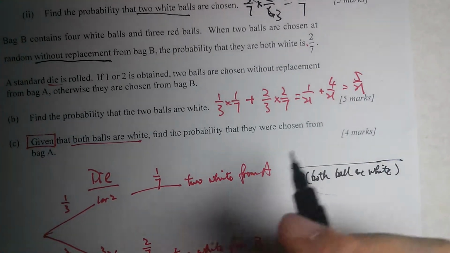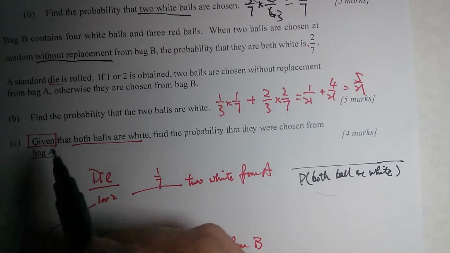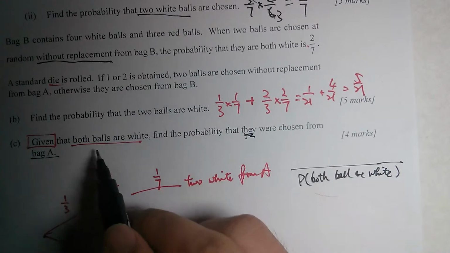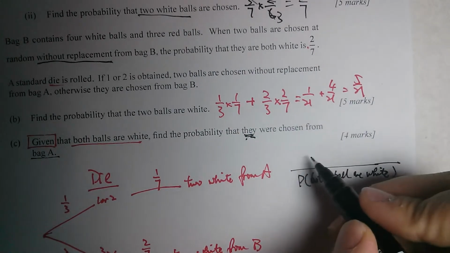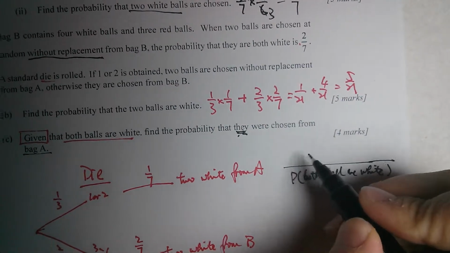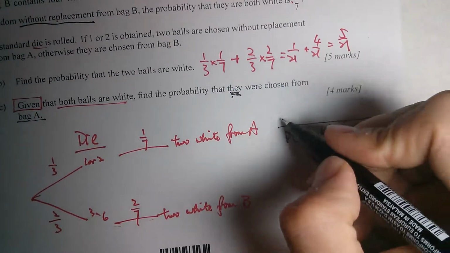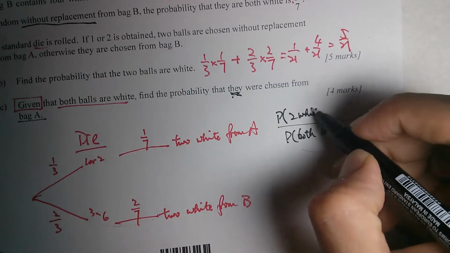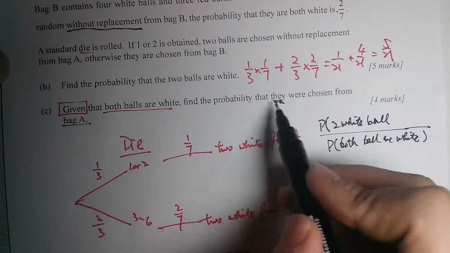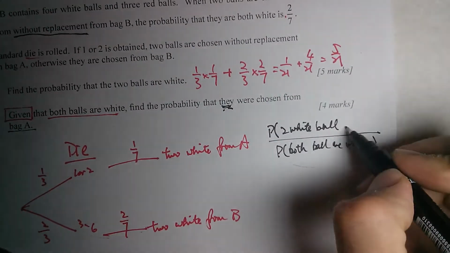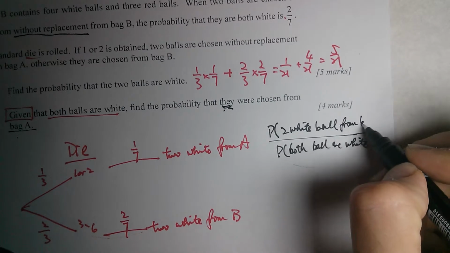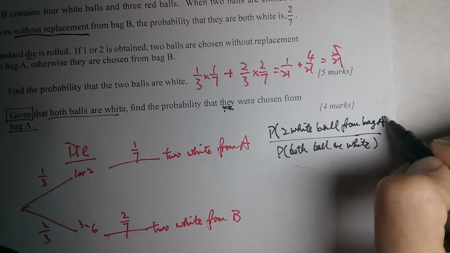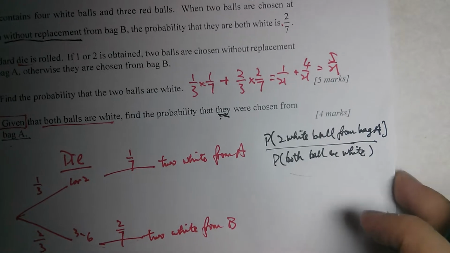And the numerator is the probability that they come from bag A. The "they" means the two white balls. So on the numerator, you need the probability that you get two white balls from bag A. This is how you handle conditional probability.